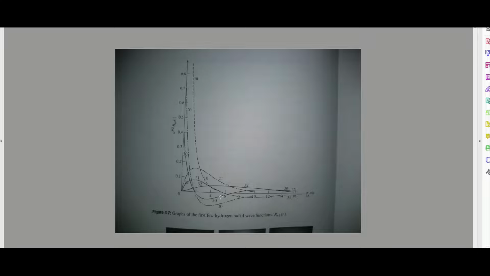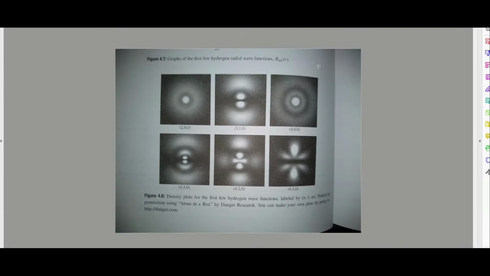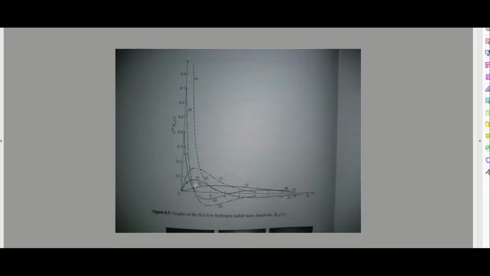And if we look at 2, 1 right here, you see this has a node right at the origin, at the nucleus. Wow, hit a kind of a brain fart. But we see we have this lobe kind of going up like this and then asymptoting down. And so that is like our p orbitals. So this has the 3, 1 p orbital here, which would be this one right here.